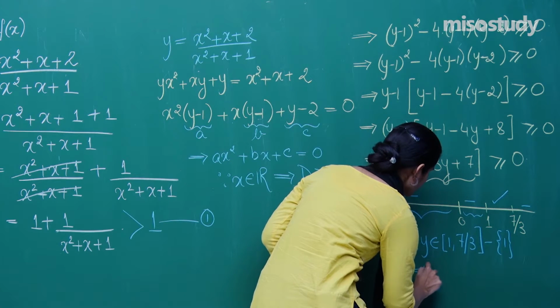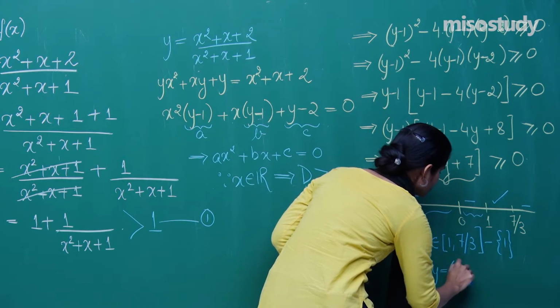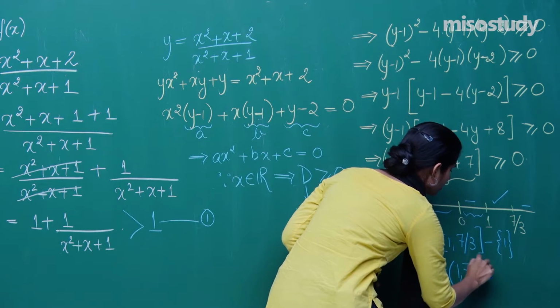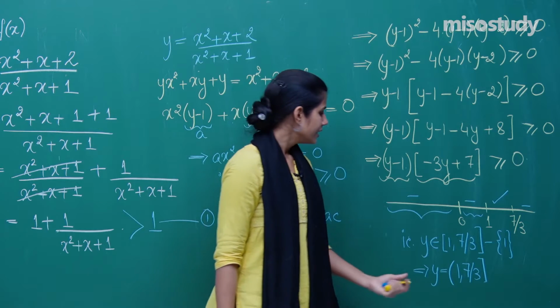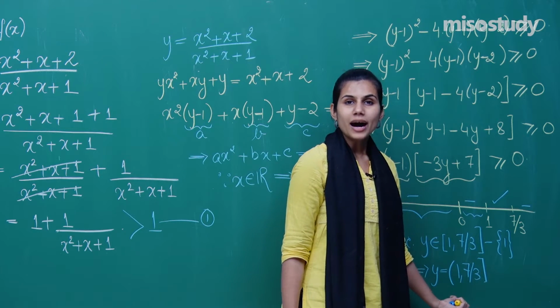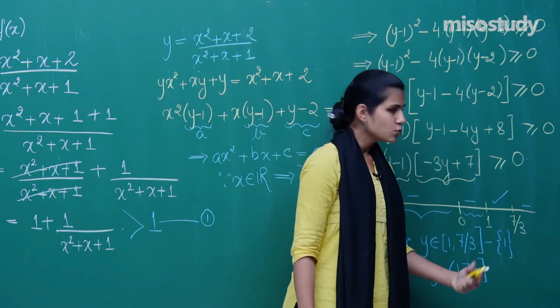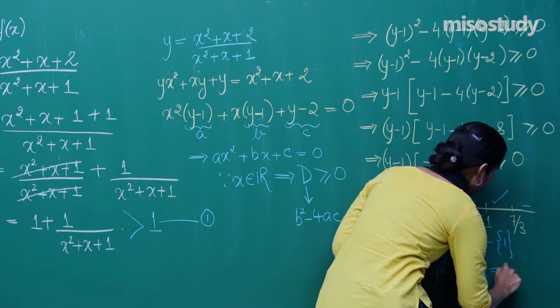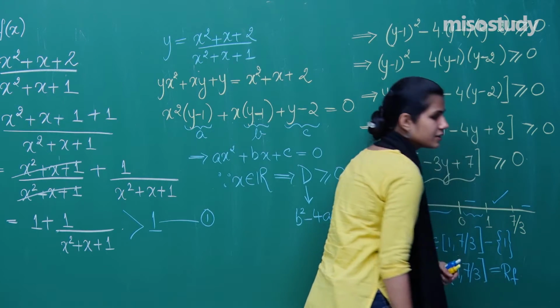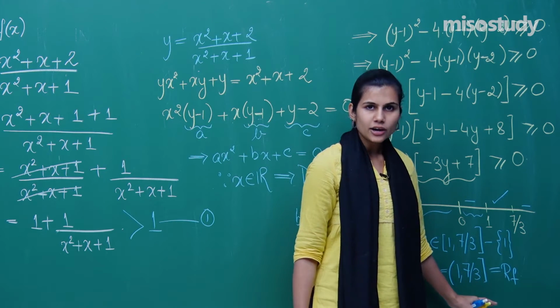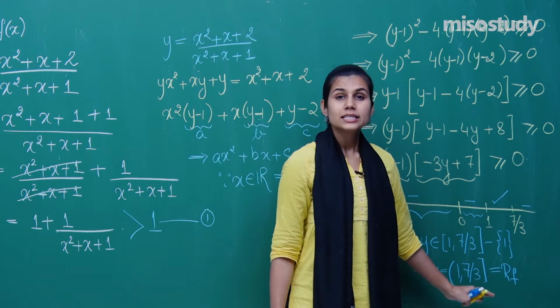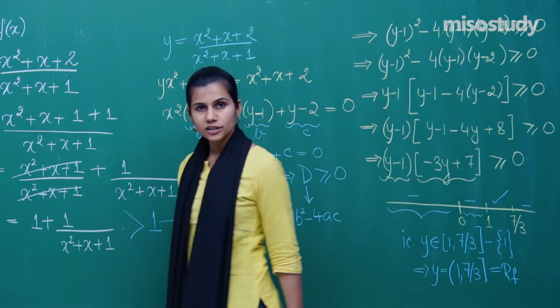This implies y is equal to 1 excluded, 7 by 3 included, this interval, and y stands for the output. This is what is my range of the function f. We have just followed the algorithm and found out our range, which is 1 open, 7 by 3 closed interval.